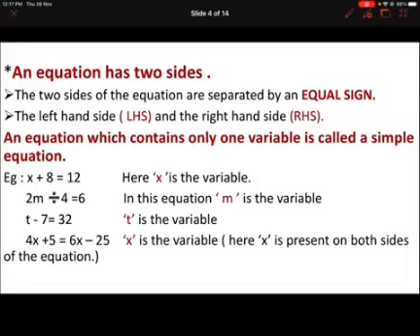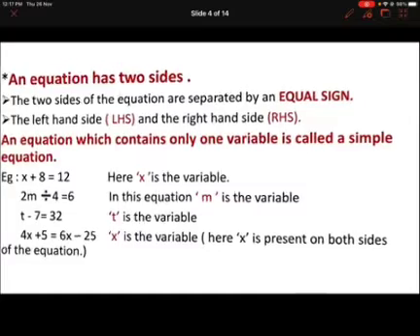Children, here, though we have the variable both on the LHS and on the RHS, x is repeated both on the LHS and RHS of the equation. Still, we have used only x as the variable and not any other variable. So again, this equation becomes a simple equation. Okay?